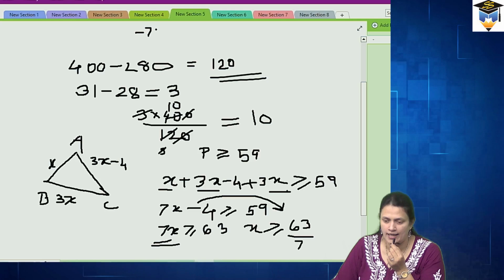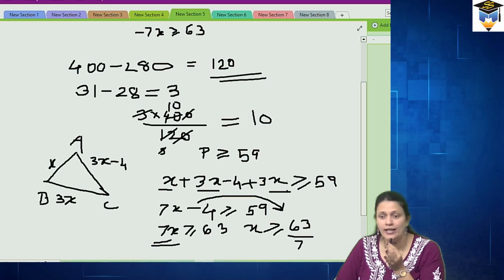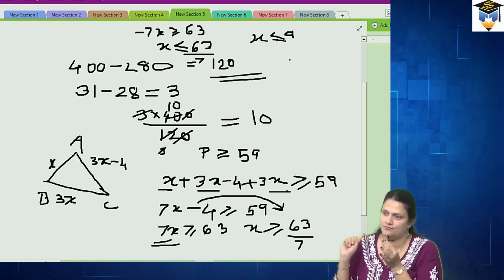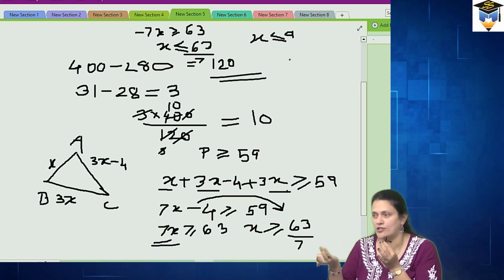If there is minus 7x greater than or equal to 63, if this type of sum comes, then you have to divide by minus 7, but the sign in between is going to change because you are dividing by a negative number. So again, x is less than or equal to 9. This is the only difference in solving linear inequations.